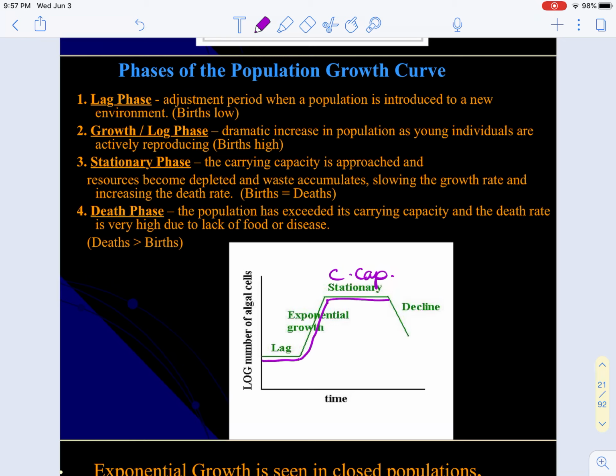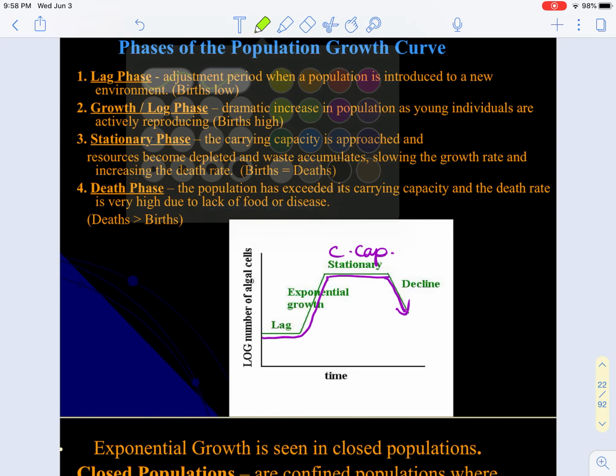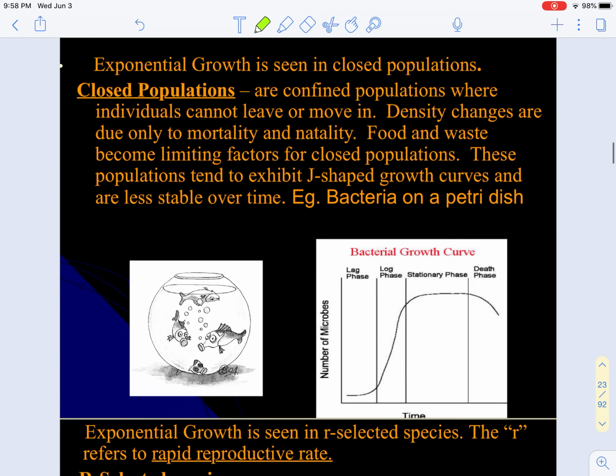Then they may reach a carrying capacity where the environment can only have resources for so many, and basically births equal the deaths, so it kind of levels out. And then if they don't get any more food in the area and they've used up all the resources, there might be a decline in that population. So those 4 parts you should know about a population as it changes over time.